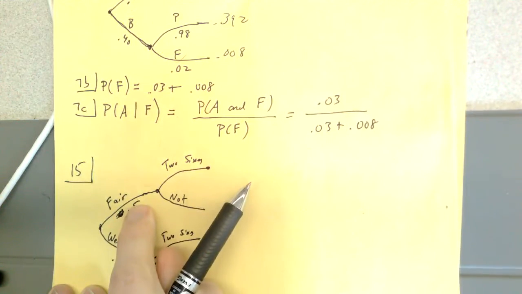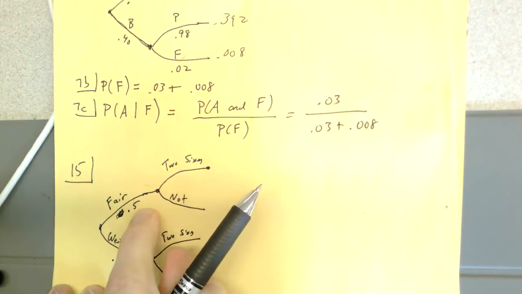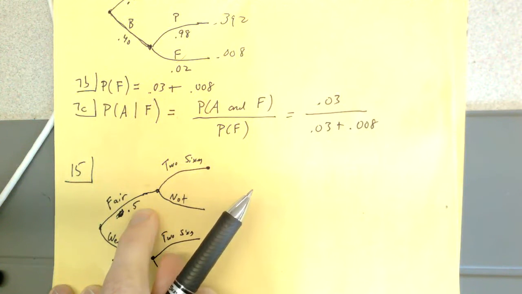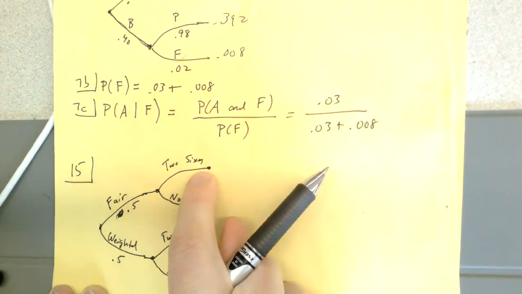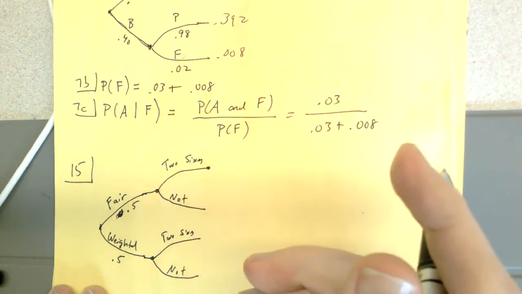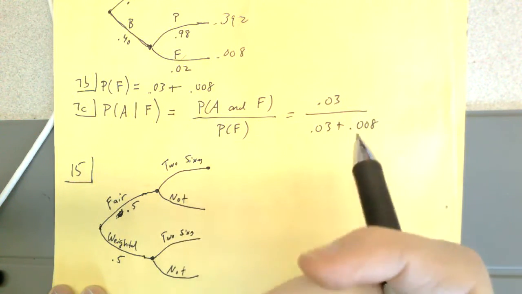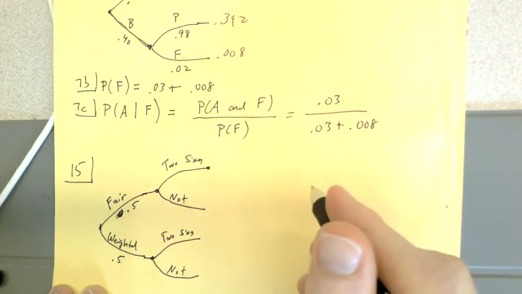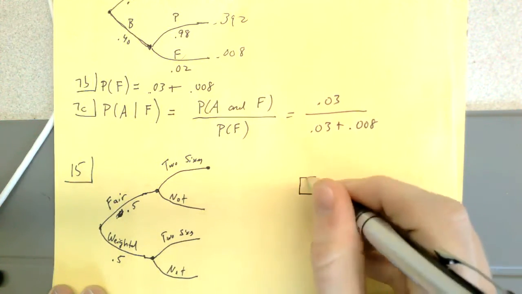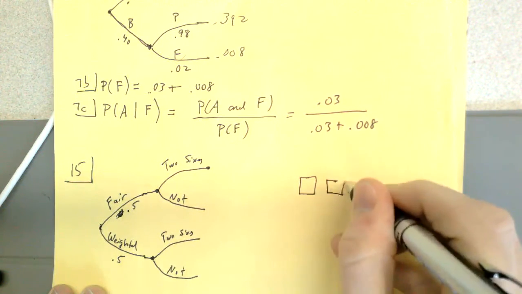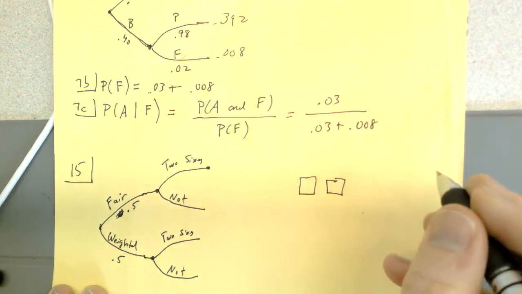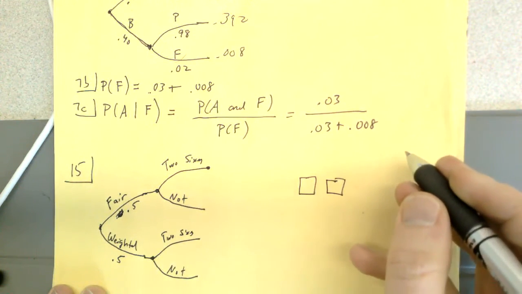If you choose the fair pair, then the probability of obtaining 2 6s is, well, if you think about it, there are really 36 possible outcomes if you roll 2 dice: 6 choices for the first die, and then 6 choices for the next. So 36 total choices.